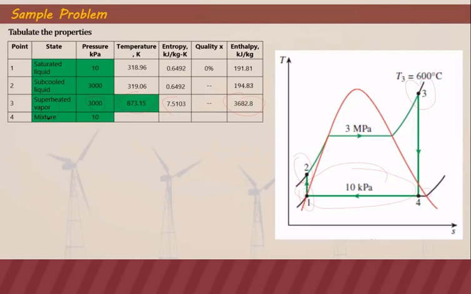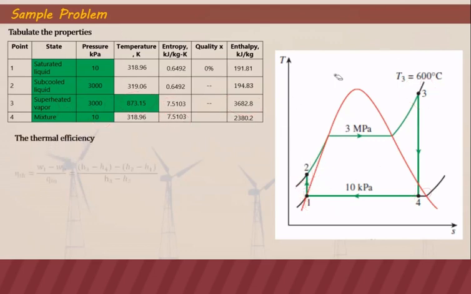For the mixture, just like in the previous problem, we know that the entropy is the same, and then we already have two properties. If you have two properties, you can get the rest of the properties. So input 10 and 7.5, you can get the temperature as well as the enthalpy. Now we already have all the required enthalpies.